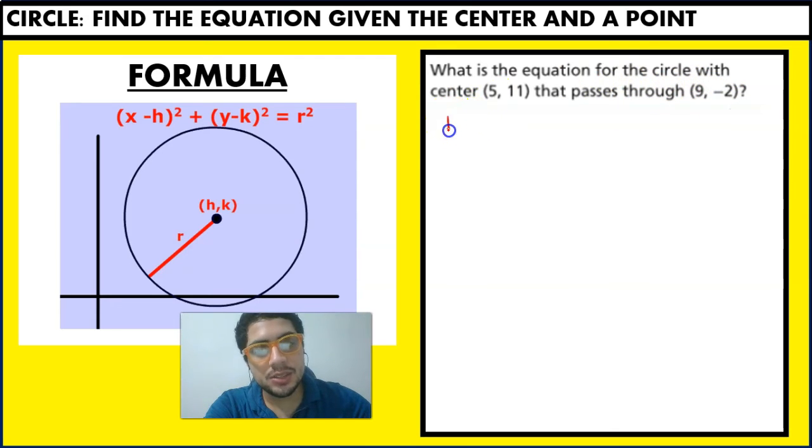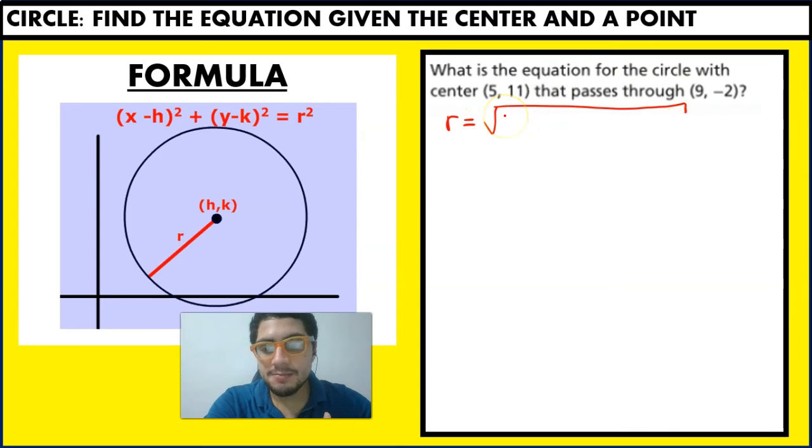So this point is going to be on the circumference. Now, the radius is going to be equal to the square root of, and let's just put the distance formula, (y2 - y1)^2 + (x2 - x1)^2.